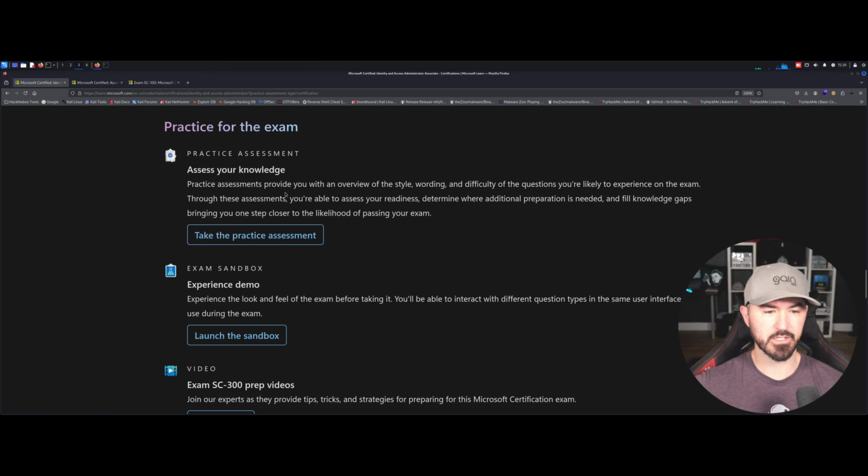Like it says, practice assessments provide you with an overview of the style, wording, and difficulty of the questions you're likely to experience on your exam. Through these assessments, you're able to assess your readiness, fill in the gaps, and get one step closer to the likelihood of passing the exam. So I took the practice exam.